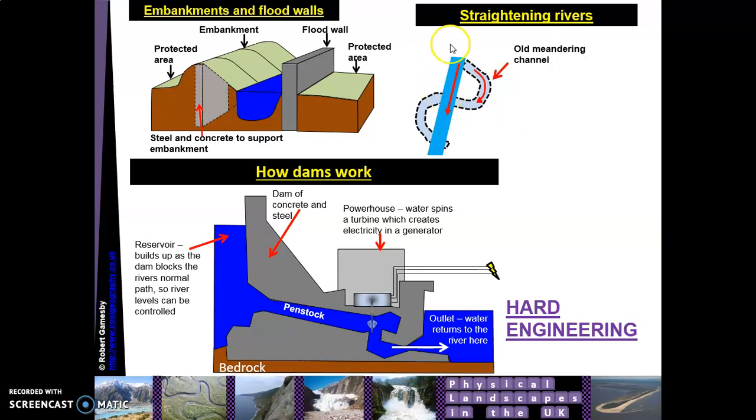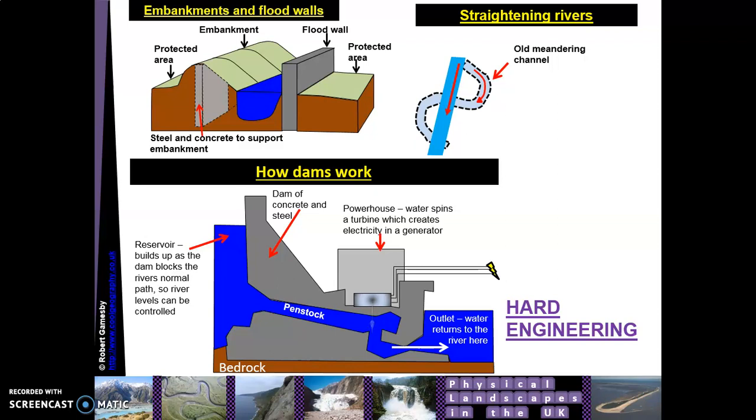So it's only going to flood either side of this new straight channel. Whereas if it was an old meander, it could flood a much larger area. So it might be the whole of where my cursor is hovering over now. And so it reduces the areas that can flood, which is obviously a good thing. The bad thing with it though is it speeds up the water.